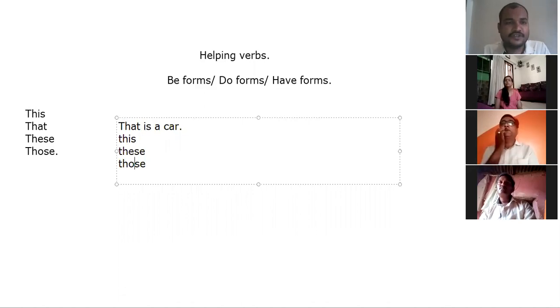So Kavita ma'am, can you change it from that to this? This is a car, right? Next, Ramesh ji.